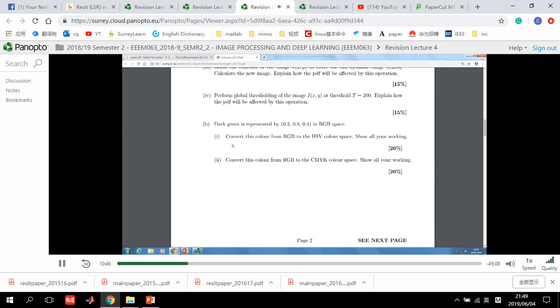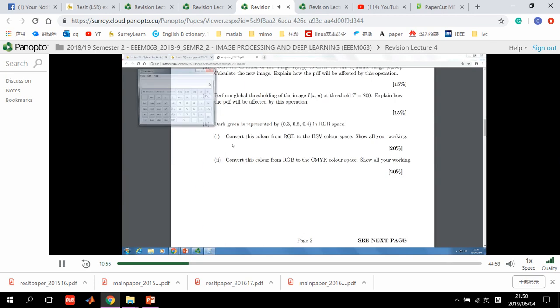If we want to be consistent with the other notation, because we've used decimal points, then we just say that's 140 over 360, which is, I'd have to work it out, 0.39. So that's our H, our S, and our V.